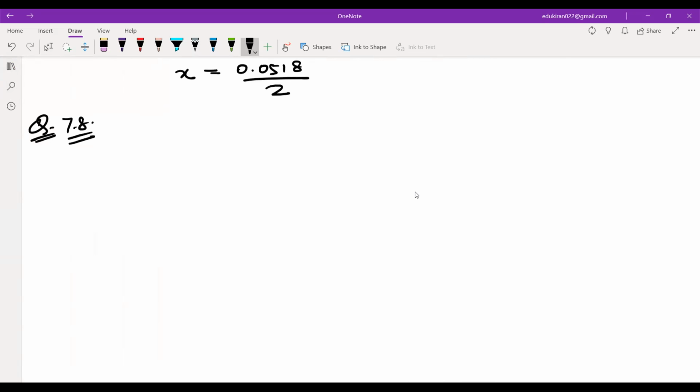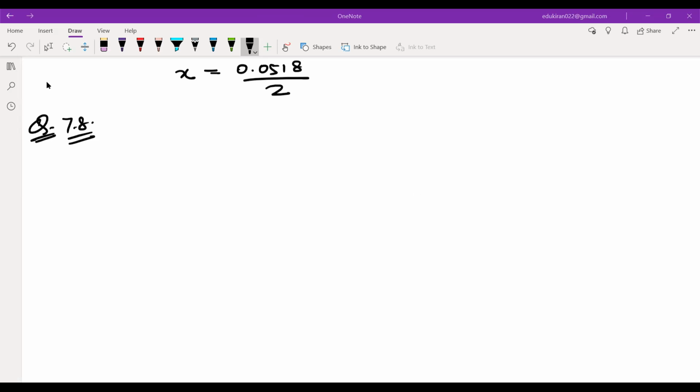Look at the question and tell me ना. हाँ समायरा, क्या हो गया जी? आर यू देयर समायरा? Yes, sir. Yes, sir. हाँ 7.8 ना क्वेश्चन नंबर.